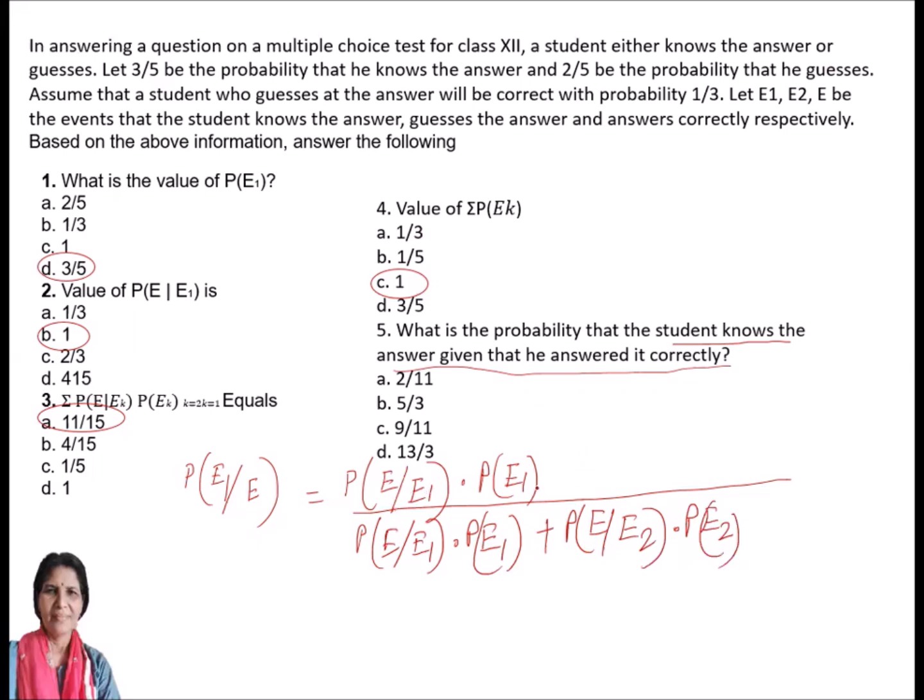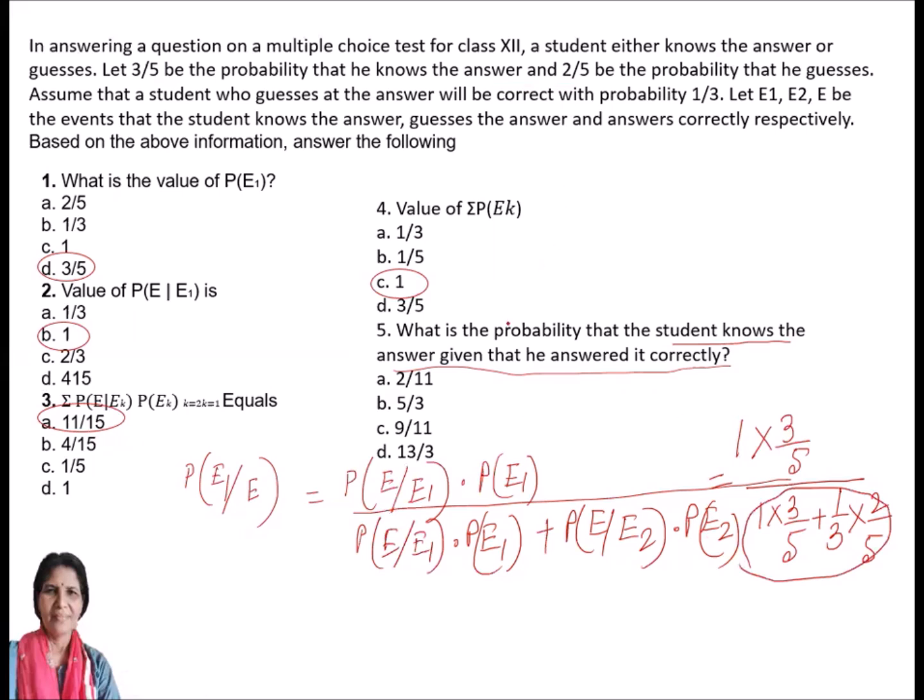First one is 1, you know. We have discussed it. P(E1) is 3 by 5, whole upon 1 into 3 by 5 plus 1 by 3 into 2 by 5. We have already calculated this one, the answer was 11 by 15.